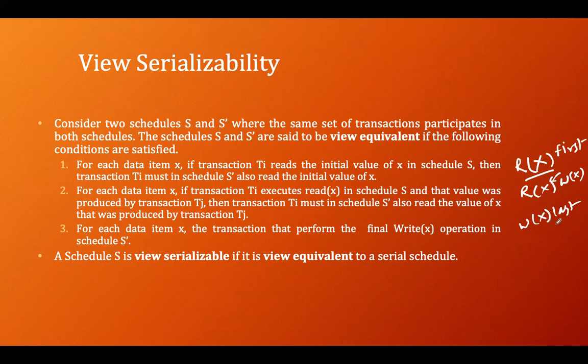And who is doing write operation at the very last? These are the three views we have. To see all these three views, we have to find any serial schedule which is equivalent to this non-serial schedule with all the views. That is called view serializability.